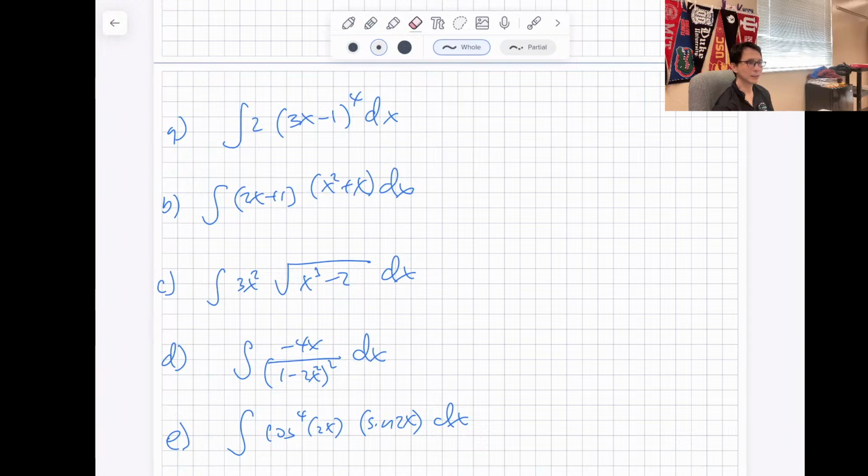It's the 2x plus 1 times x squared plus x, or to the power of x squared plus x. U equals something, and du is within the question. No, I'm asking about question number B. Yeah, u equals something, so du is within the question.